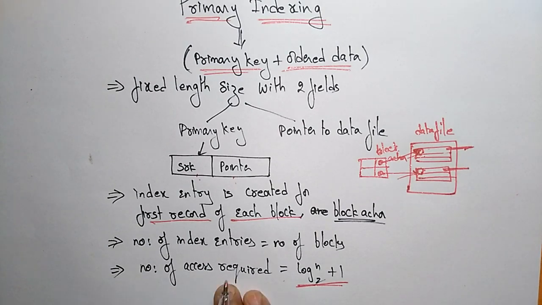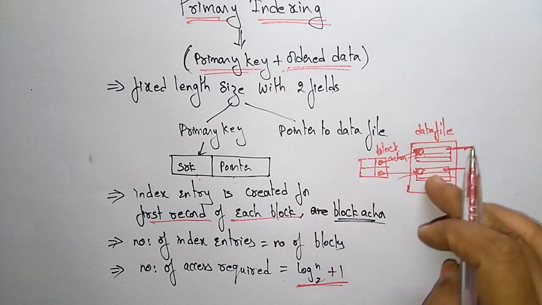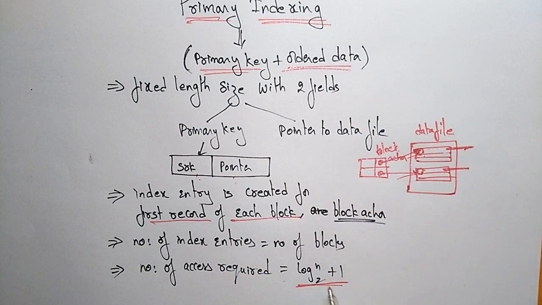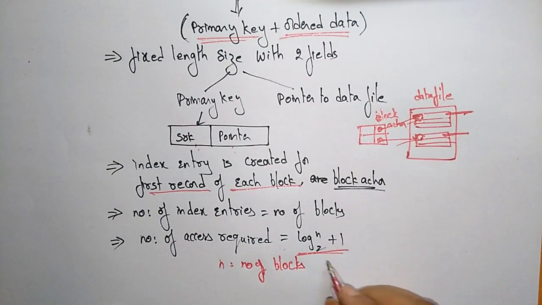So the number of accesses required by the index to the blocks is log n to the base 2 plus 1. Here n is the number of blocks acquired by the index file.